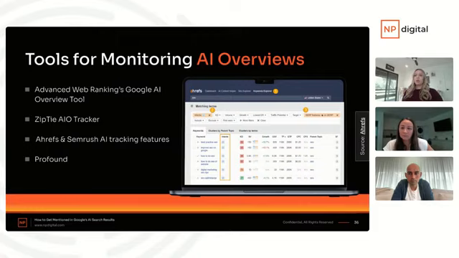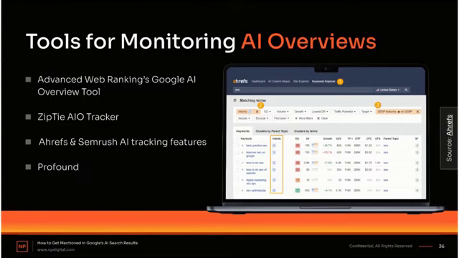You may now be wondering, how do I even track these queries and brand mentions within AI overviews? Luckily, there are tools available now that can help monitor AI overviews and give you the data you're looking for. Platforms like Advanced Web Ranking and ZipTie let you monitor which queries trigger AI overviews and whether your site is included.